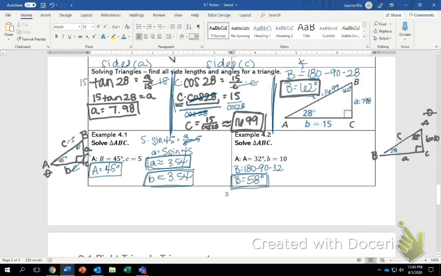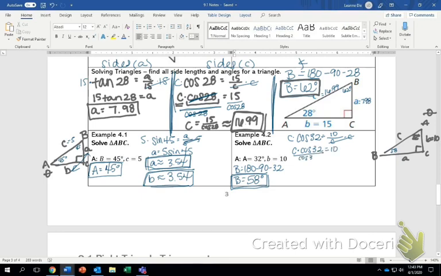All right, let's find our hypotenuse first. So that'll be our adjacent and our hypotenuse. So cosine of 32 is equal to adjacent, which is 10, over C. Multiply by C on both sides, we get C times cosine of 32 is equal to 10.